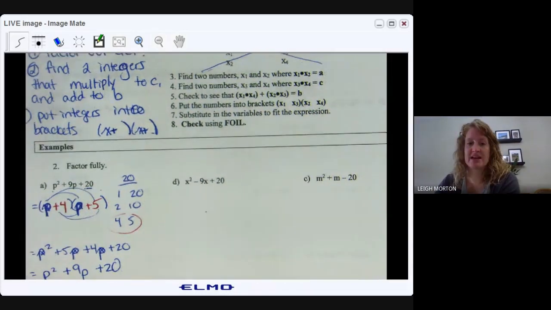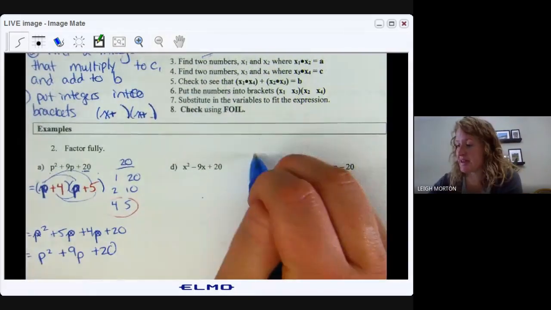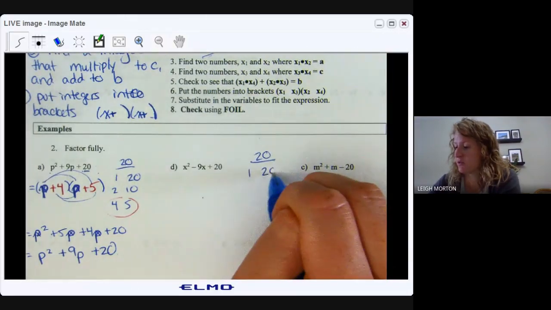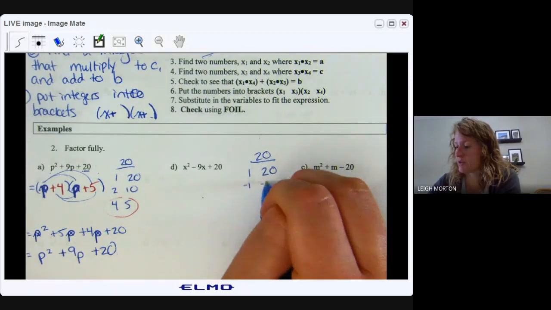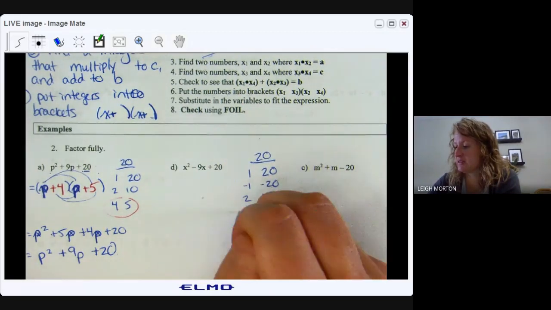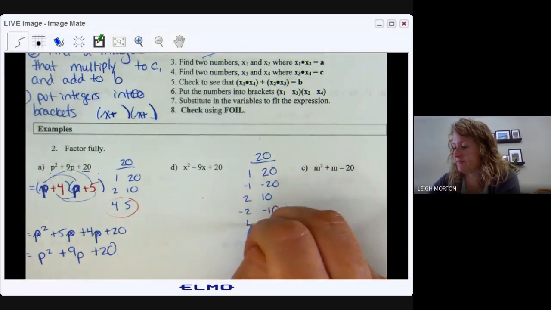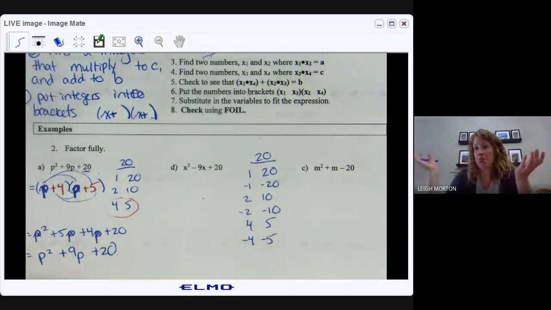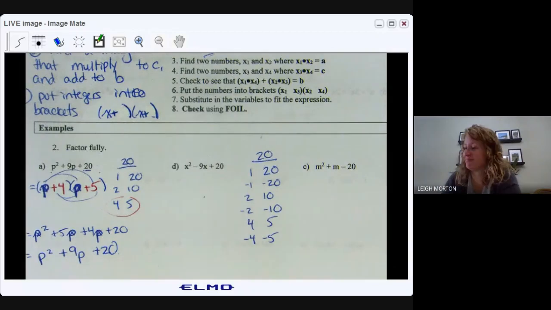x squared minus 9x plus 20. Oh, 20 again, eh? So we're going to list all my factors. 1 and 20, maybe negative 1 and negative 20. 2 and 10, negative 2 and negative 10. 4 and 5, negative 4 and negative 5. Which ones?